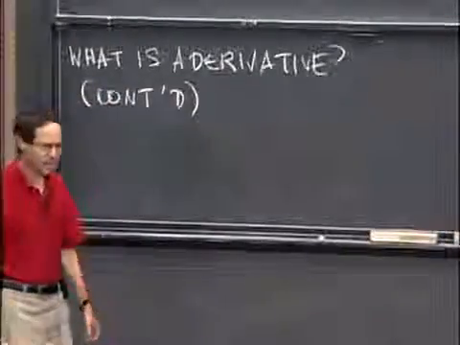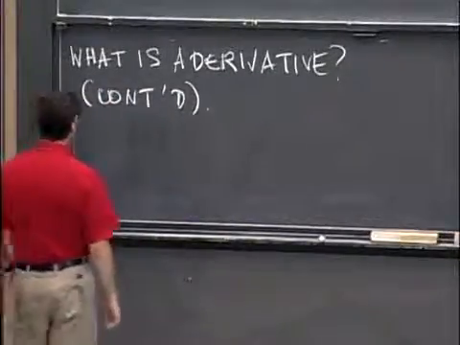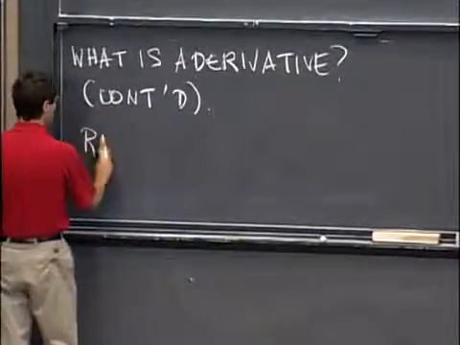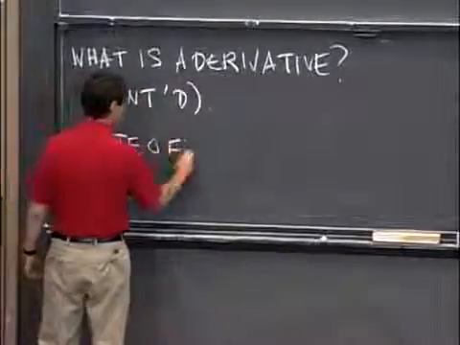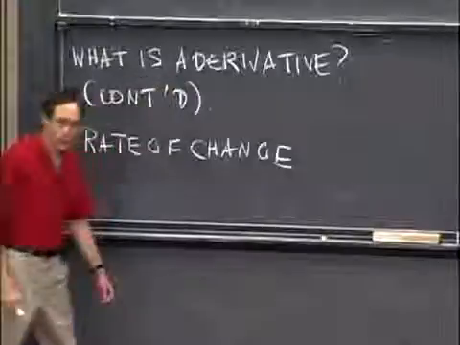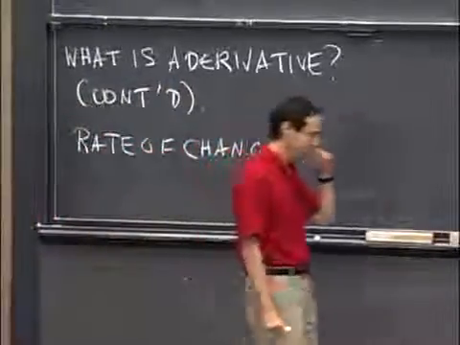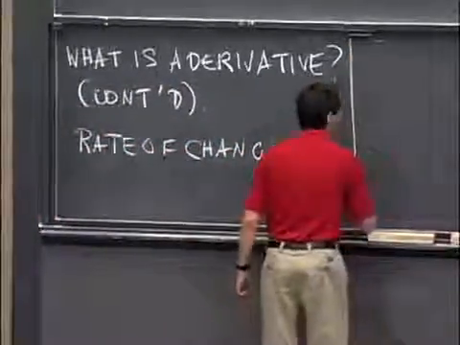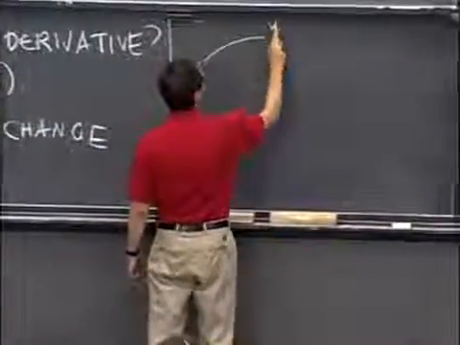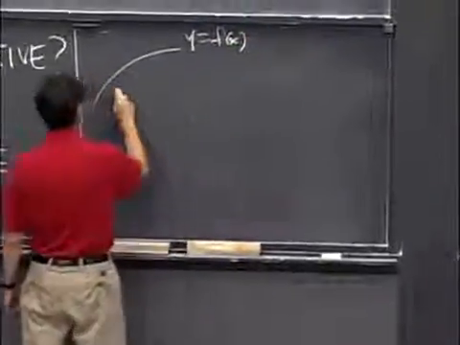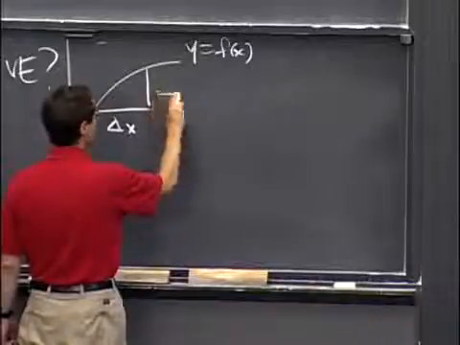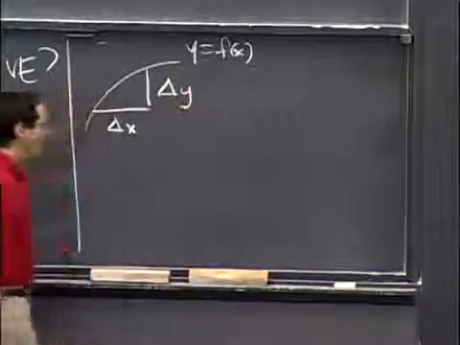So as I said last time, we talked about geometric interpretations. And today, what we're going to talk about is rate of change as an interpretation of the derivative. So remember, we drew graphs of functions, y equals f of x, and we kept track of the change in x, and here the change in y, let's say.